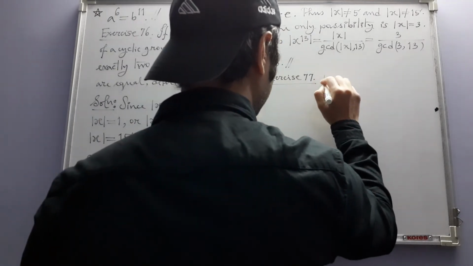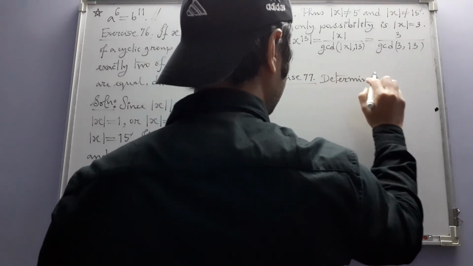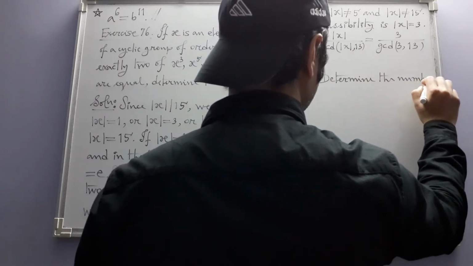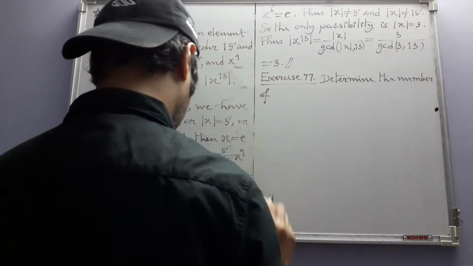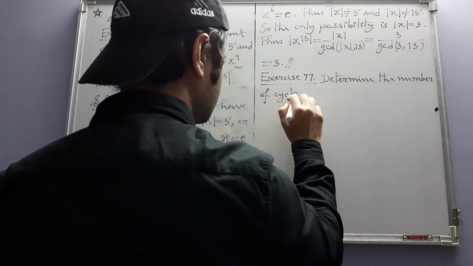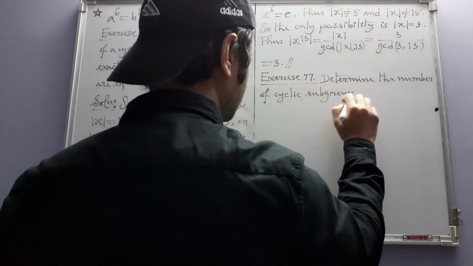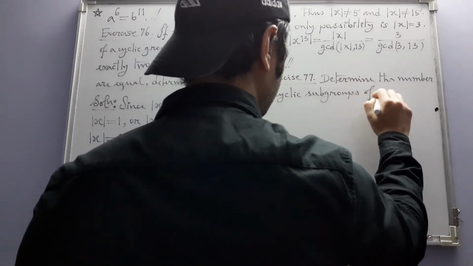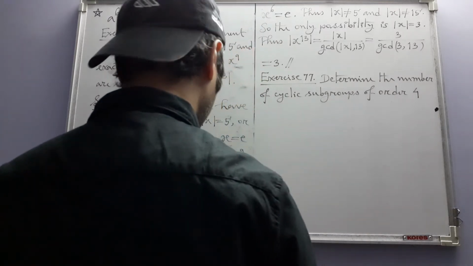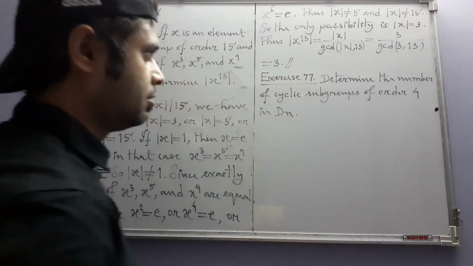Then 77. Determine the number of cyclic subgroups of order 4 in the dihedral group Dn.